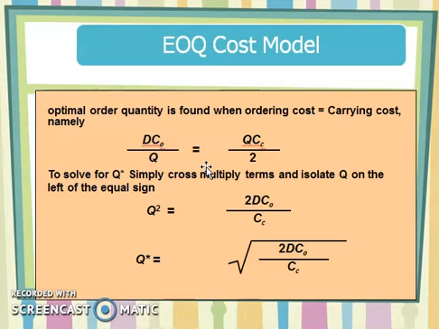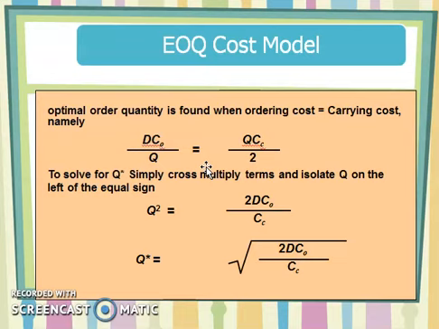So Q star is EOQ. If Q square is on the left hand side, we have to take the square root of the right hand side. So now the final expression is Q star is equal to under root 2 D CO over CC.